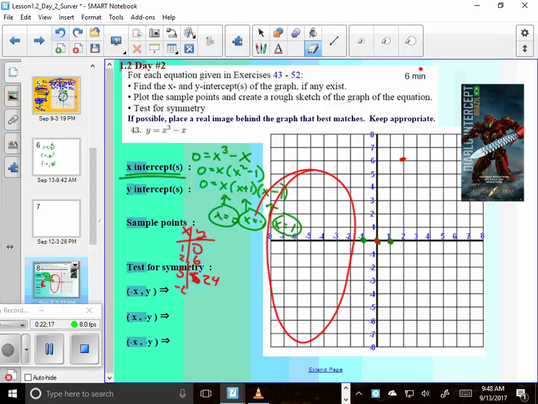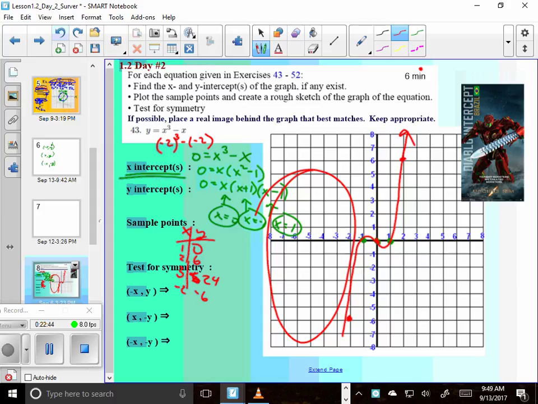I have negative 2 to the third minus negative 2. And that's negative 8 plus 2 is negative 6. Negative 2, negative 6. And it does go down here. I was onto something. It does something like that. Now I kind of know how the graph looks.